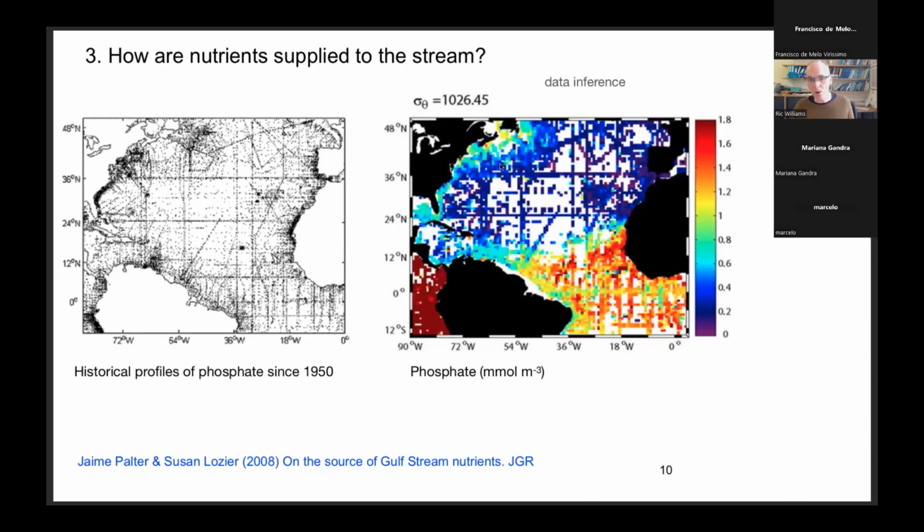And they made the point that the higher nutrient concentrations that you can see running along the Gulf Stream here are not being imported from the interior of the subtropical gyre. They are instead being imported from further south, from either the tropics or southern latitudes.